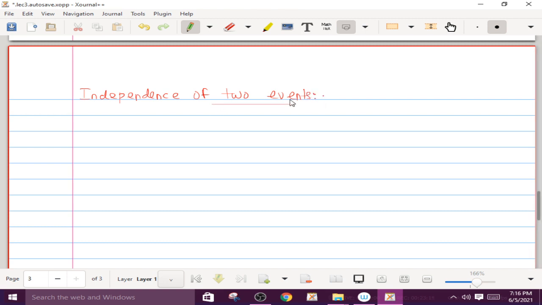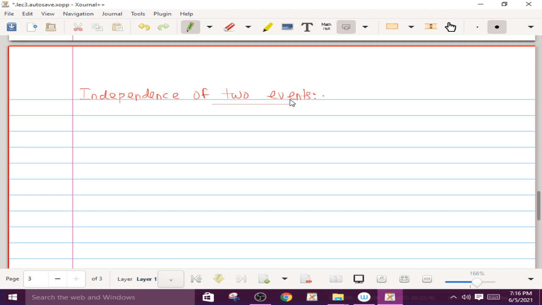Okay, so what is the meaning of this independence of two events? Suppose there are the two events A and B, then they are defined on the sample space. Okay, we call these two events independent if the occurrence of one event does not impact or influence the occurrence of another.